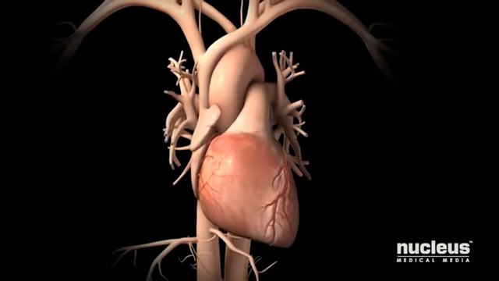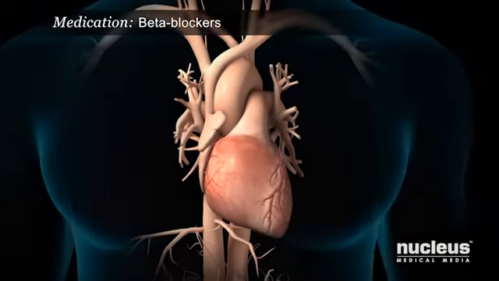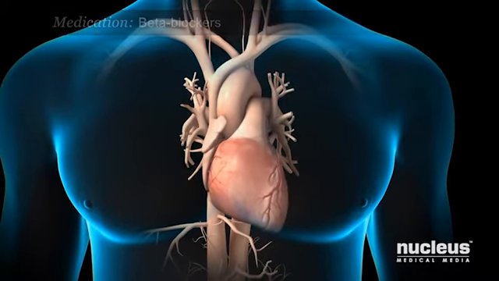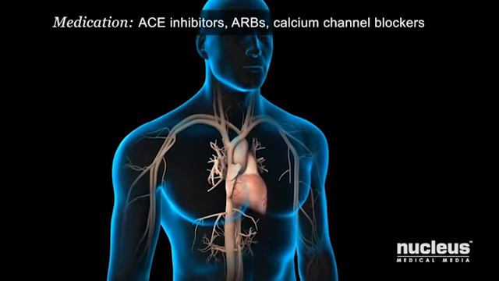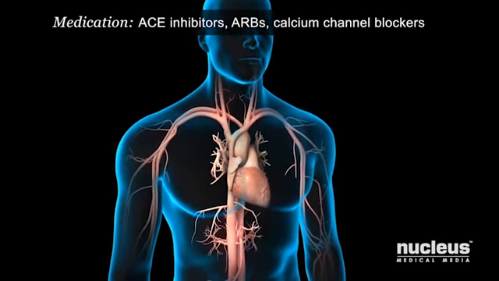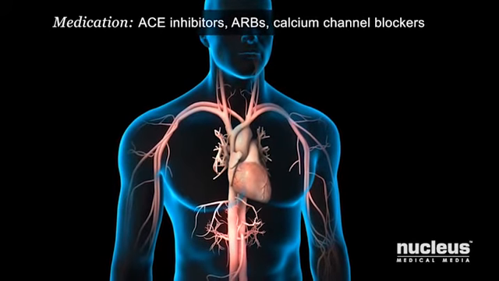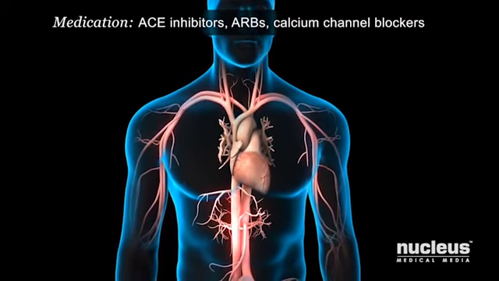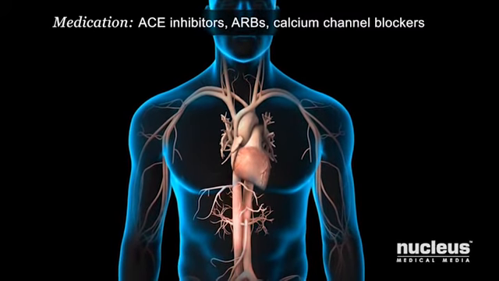You may have also received drugs called beta blockers that help lower your heart rate and blood pressure. Drugs such as angiotensin-converting enzyme, or ACE inhibitors, angiotensin receptor blockers, or ARBs, and calcium channel blockers also work to lower your blood pressure if needed.